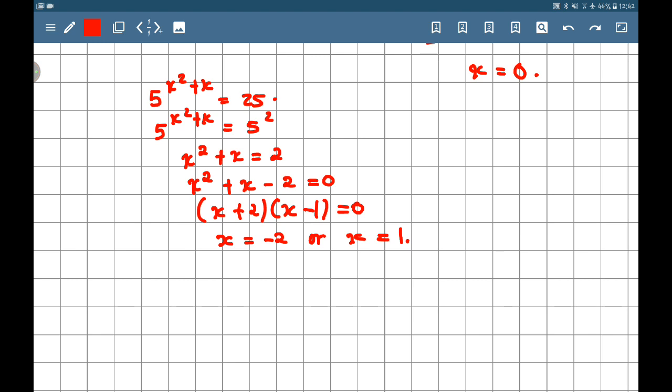Yes, you want to ask something, Aisha? Before you made a quadratic equation, I just added the exponents and it gave me x to the power of 3, and then I solved it from there. You see, you added.